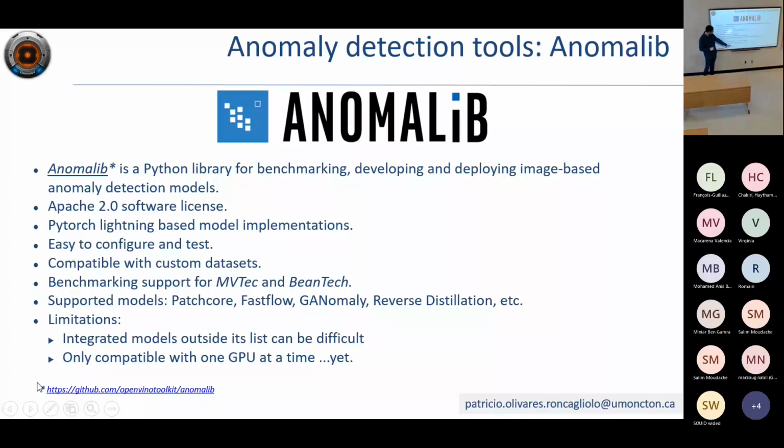And what I found, and there is no information about this limitation, is that Anomalib is currently compatible with only one GPU. So if you want to use this library with two or more GPUs at the same time, it's not possible at the moment. That problem is not very well documented, but they are working on it, at least from what I found.